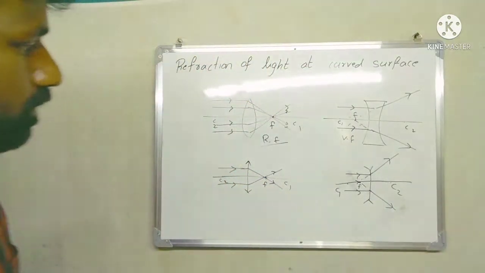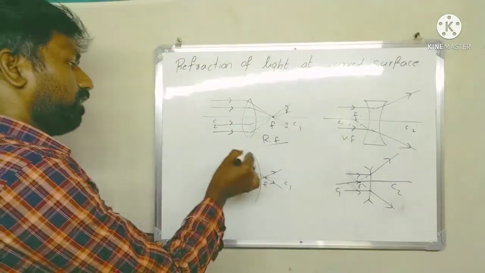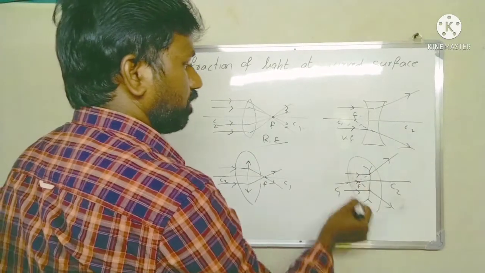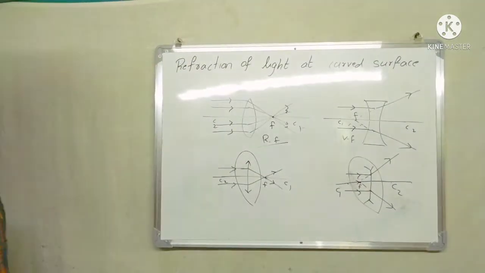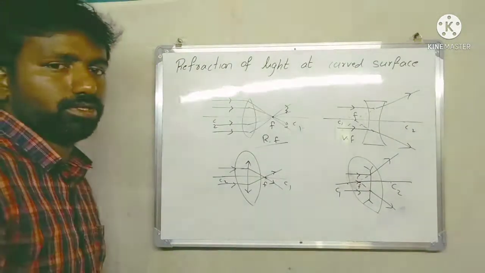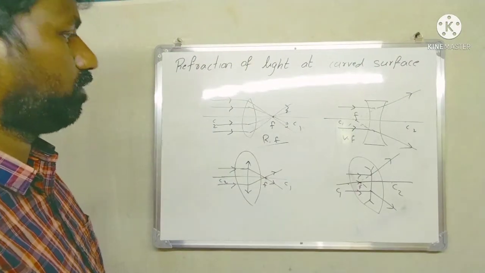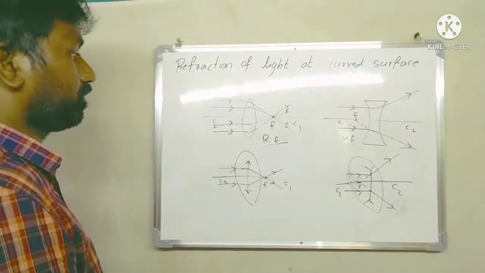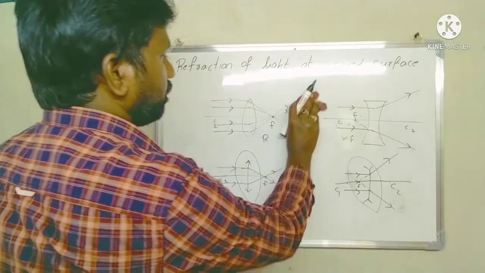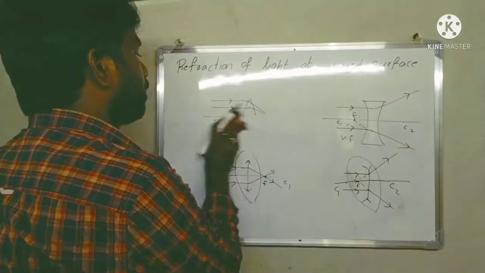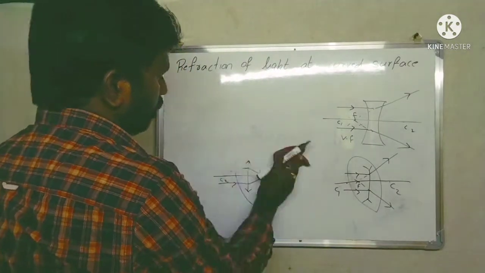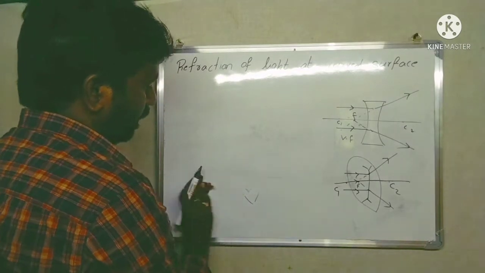So here we will get this. This is the symbol of the convex lens, and this is the symbol of the concave lens. By using the lens symbols also we can draw ray diagrams. Now we are going to write the rules for ray diagrams. What are the rules we have for drawing ray diagrams?